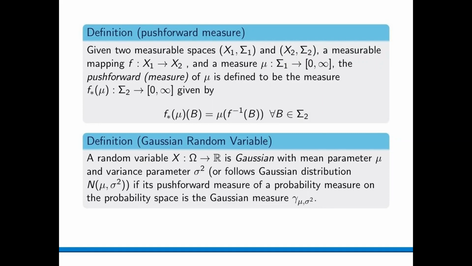It's actually the measure of the set of omega in the sigma algebra such that X of omega lies in the interval 0 to 1. So basically, given a measure on the probability space and a map to the real numbers, if the push forward measure of the given measure is the Gaussian measure, then the random variable, the function, is said to be Gaussian.